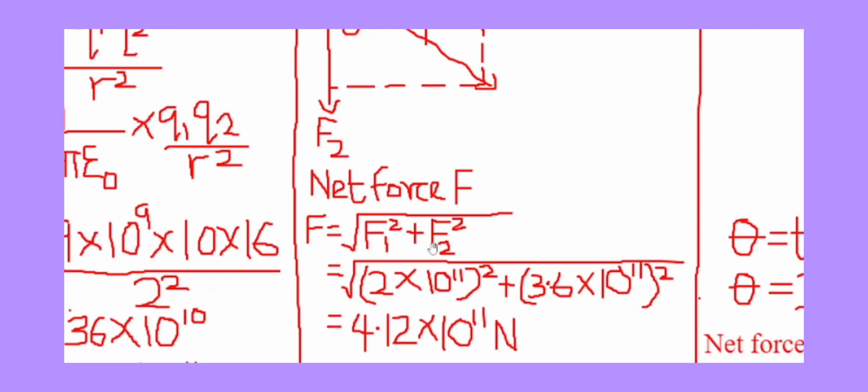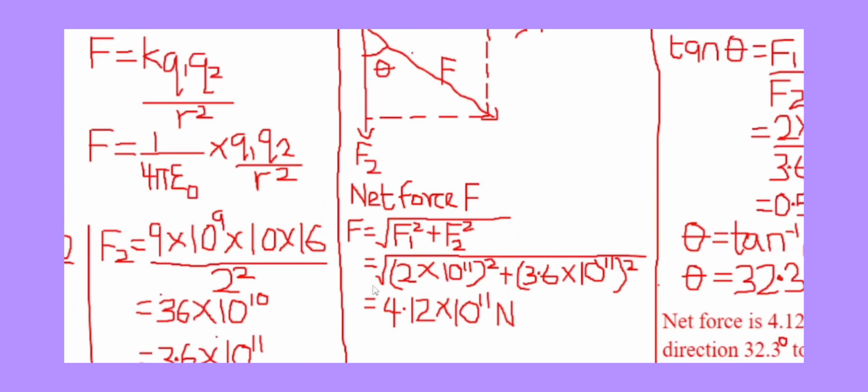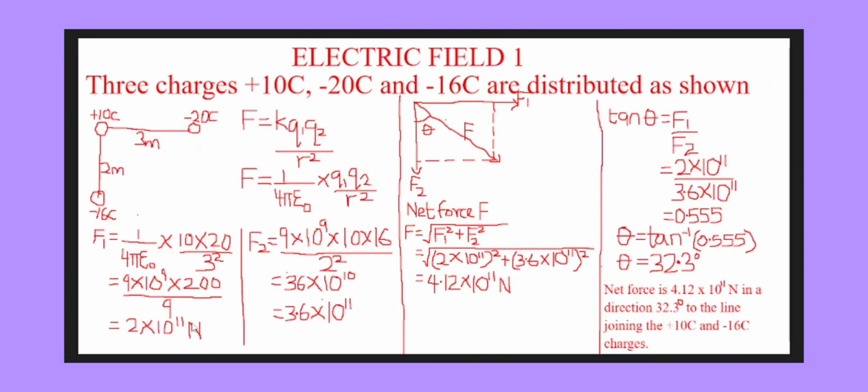the square root of F1 squared plus F2 squared. Then F equals the square root of our value for F1, which is 2 times 10 raised to power 11 Newton, so we put it in, 2 times 10 raised to power 11 all squared, plus the value for F2, 3.6 times 10 raised to power 11, all squared.